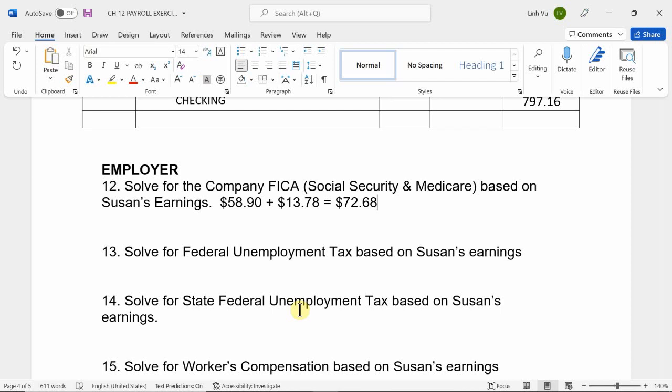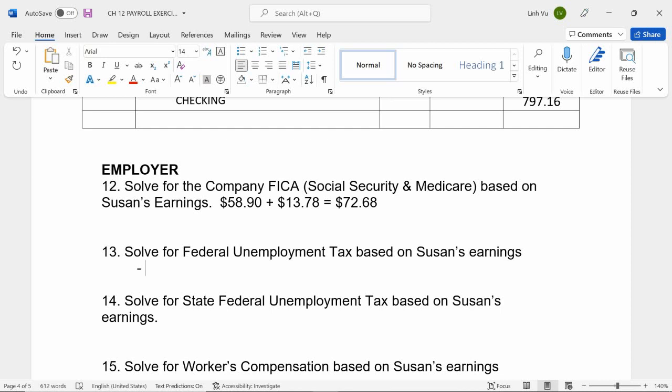State unemployment, how much we gave her? You tell me. 797?